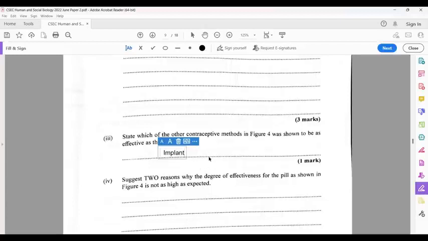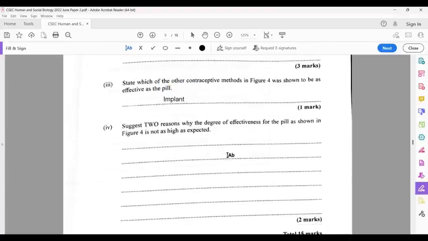It is inserted just under the skin of the upper arm, by the tricep of the female. The doctor will make an incision and insert it under her skin, where it will release progestin for its duration.